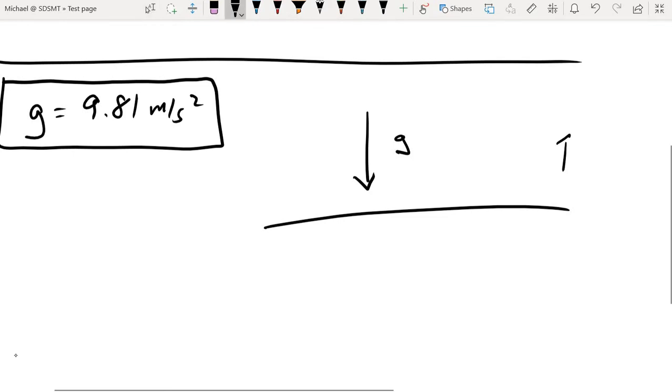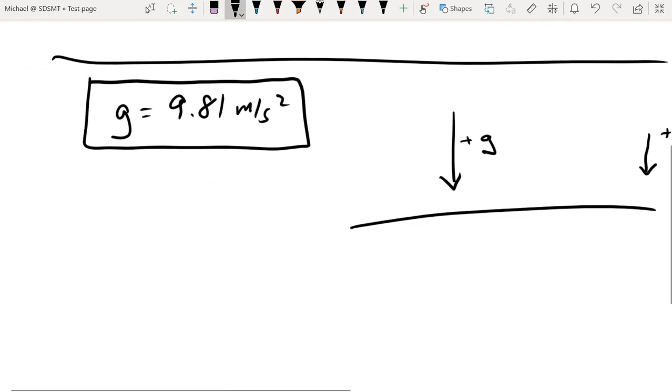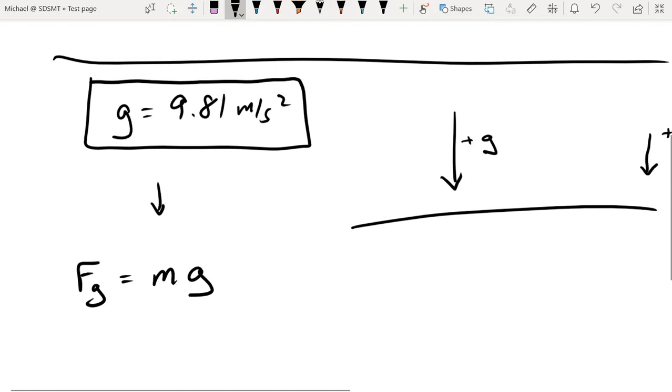So if my reference frame says that up is the positive direction, then we are dealing with a value of negative g. But if my reference frame says that down is the positive direction, then we are dealing with a positive g.